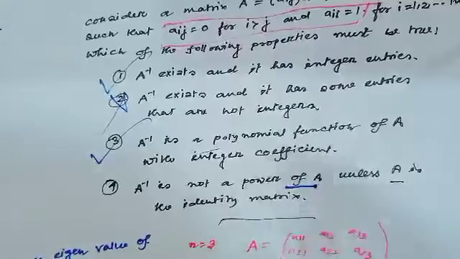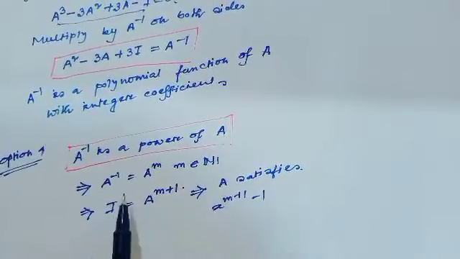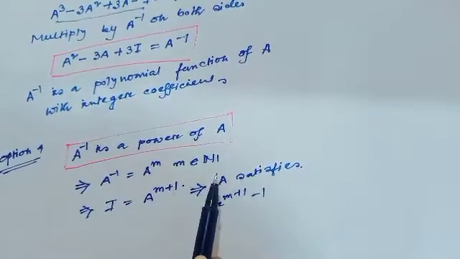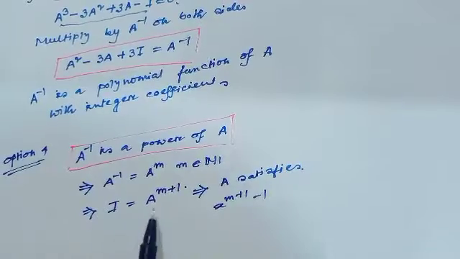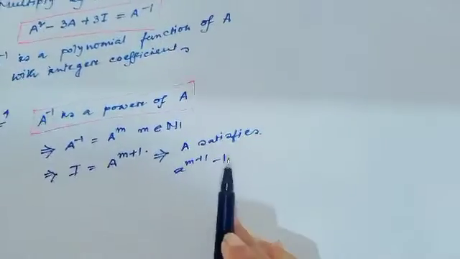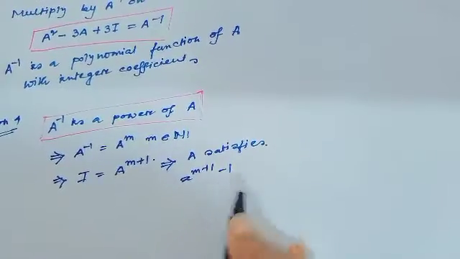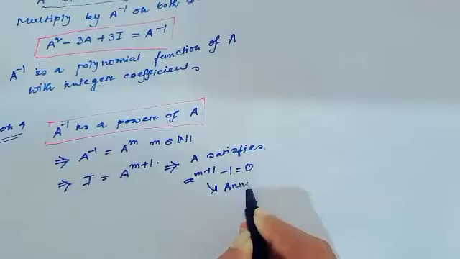So for this proof, consider A inverse is a power of A. That implies A inverse equal to A to the power m, where m belongs to natural numbers. That implies I equal to A to the power m plus 1. That means here A satisfies this polynomial x to the power m plus 1 minus 1 equal to 0, and this is actually an annihilating polynomial.